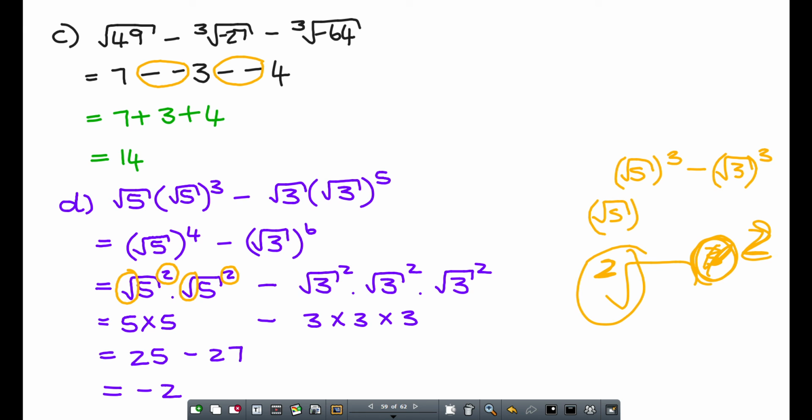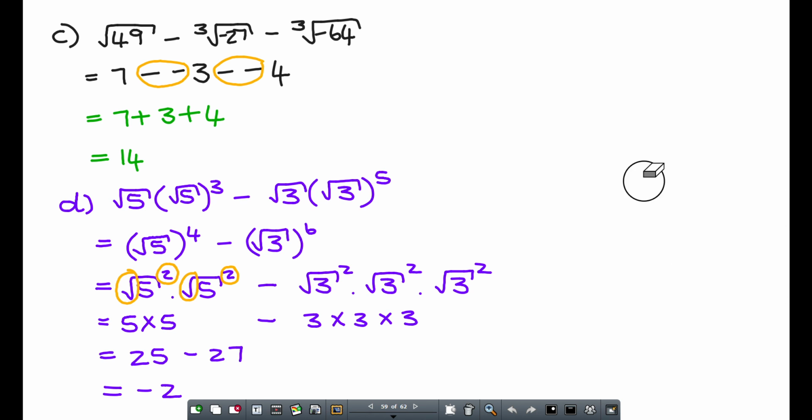If it's a to the power of 3, the only thing you could do is group 2 together, which means there's a third one left.